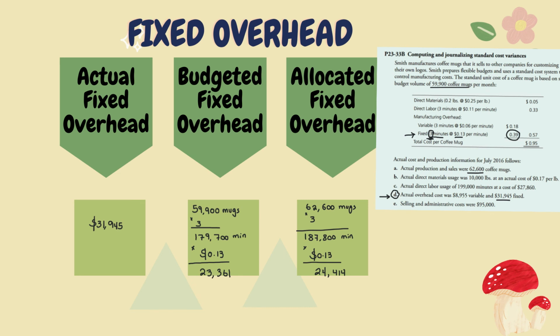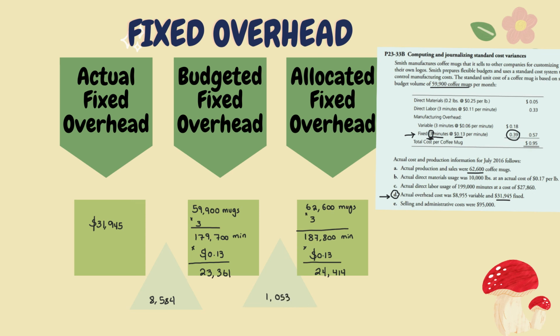Now the difference between 31,945 and 23,361 is 8,584. And the difference between 23,361 and 24,414, it's gonna be 1,053.